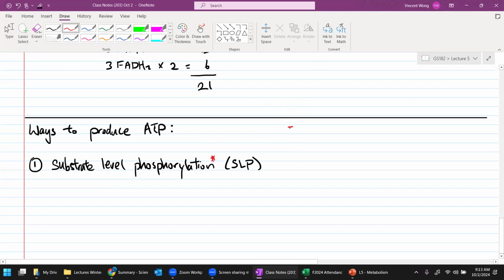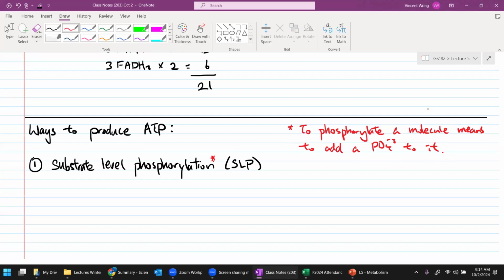Just going to put a star here. To phosphorylate a molecule means to add a PO4 to it. Right? If you add a phosphate group onto a molecule, you are phosphorylating the molecule.